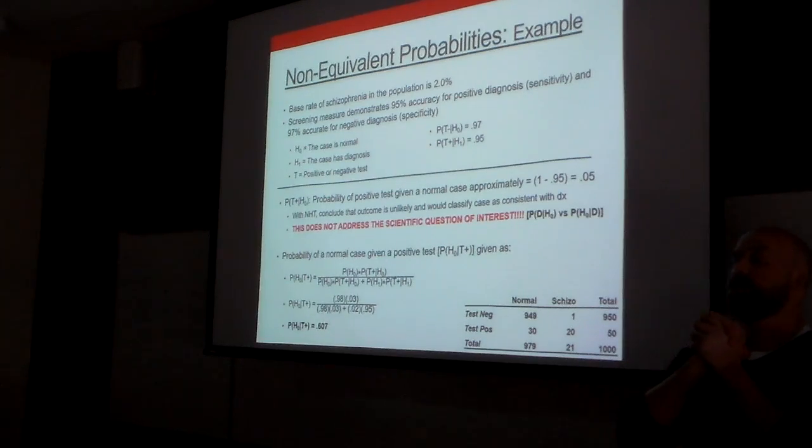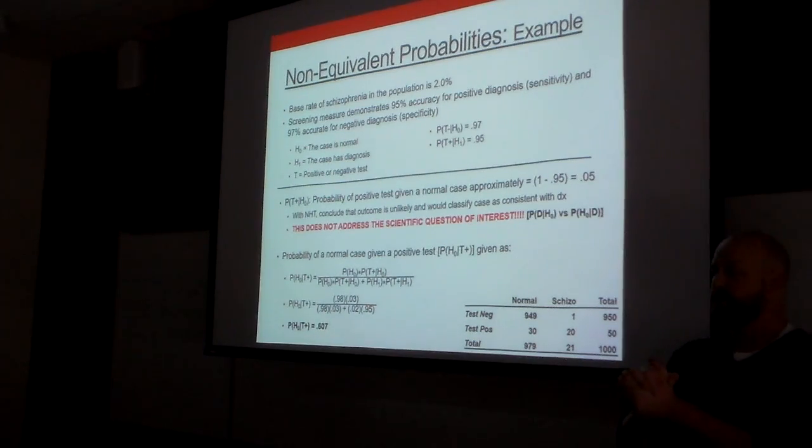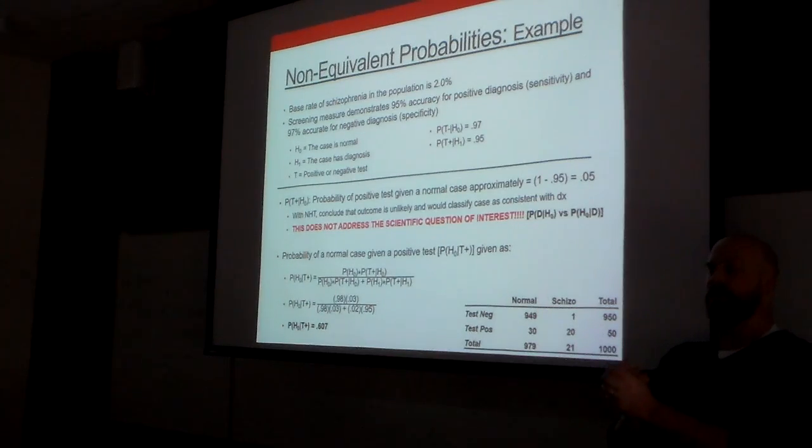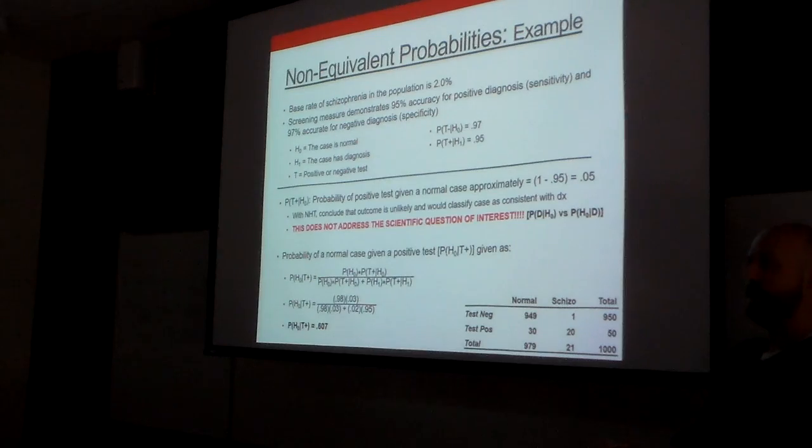And so what we're doing with our basic logic is, what we want to know as scientists is, what's the probability of the null hypothesis based on the data, right? Because that's a useful question. What's the likelihood of nothing going on based on the data that I've collected? But what we're actually getting with our null hypothesis testing is, assuming the null hypothesis, what is the likelihood of these data?